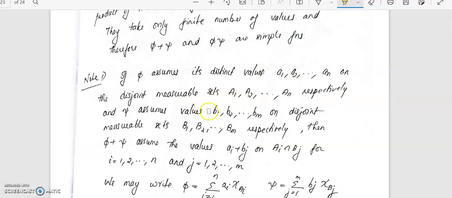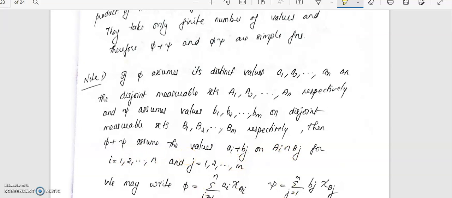Similarly take the values of psi as b1, b2, ..., bm on the sets capital B1, B2, ..., Bm. So phi plus psi will take the value ai plus bj on Ai intersection Bj, where i varies from 1 to n and j varies from 1 to m.